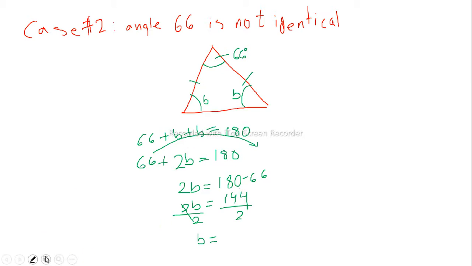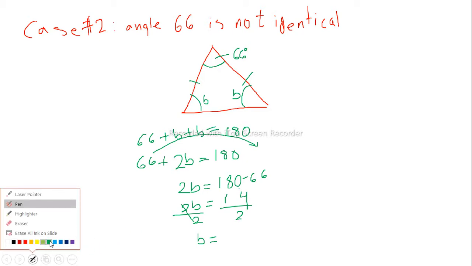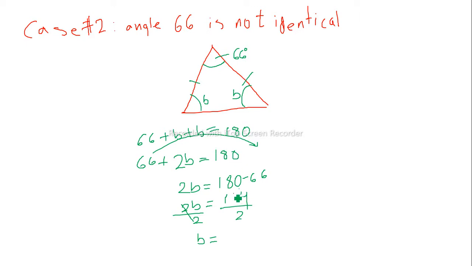114 divided by 2. It's going to be what? What do y'all get? 57. So B is 57.